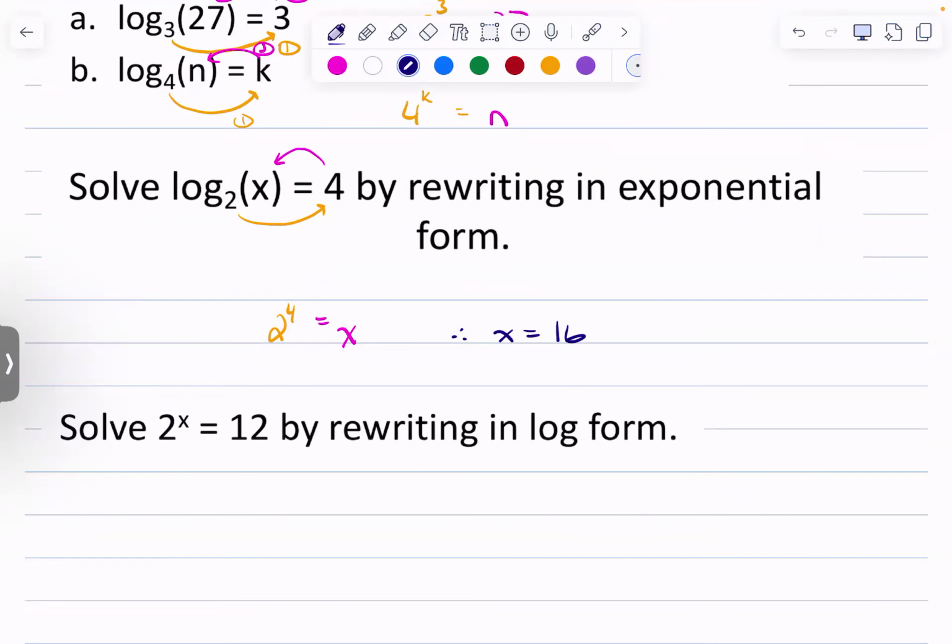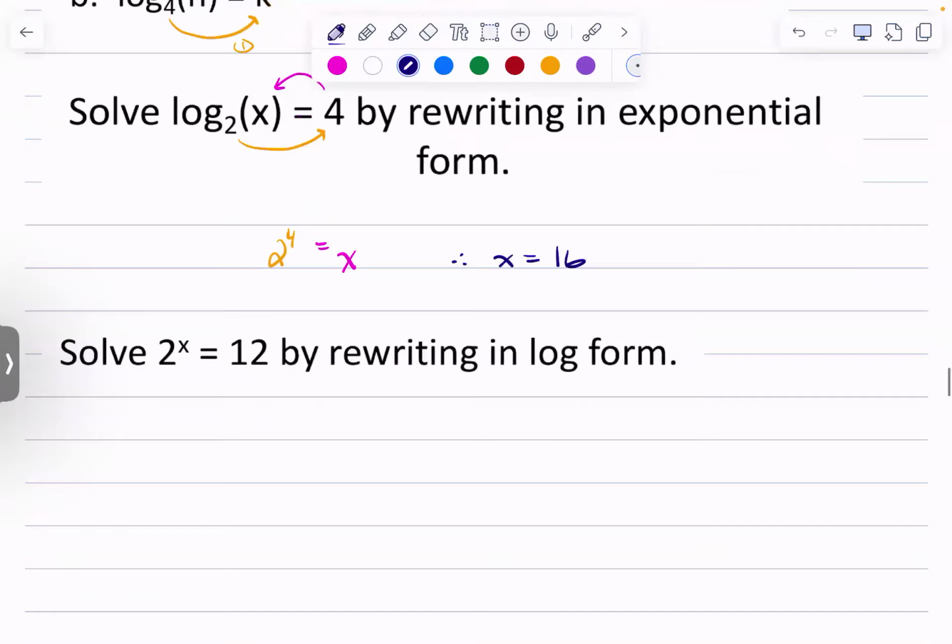You have to solve 2 to the x is equal to 12 by rewriting it in logarithmic form. And so now, rewriting into a logarithm, I tend to just take a stab at it, remembering that the base of the exponent has to be the base of my log, and so that's a nice place to start.